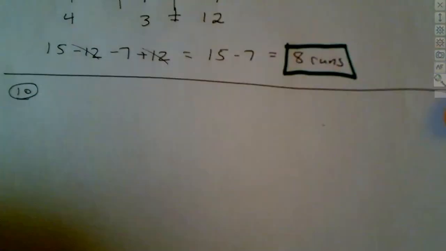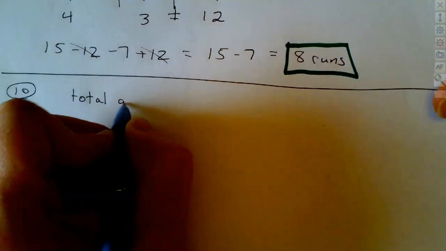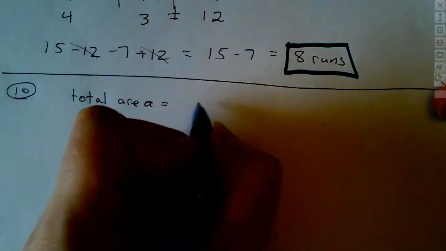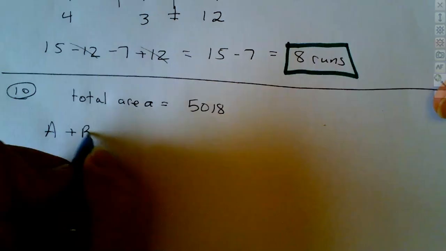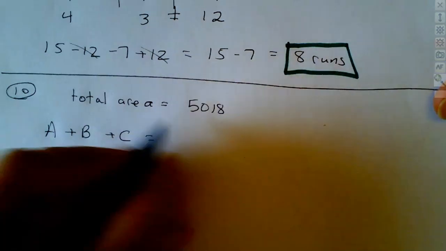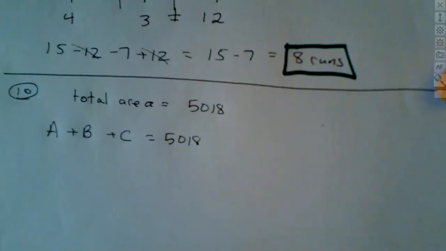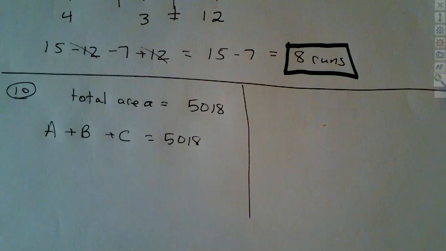So the first thing we look at is our total. And our total in this case, total area, is 5018. So that is A plus B plus C is that 5018 there. Now let's see how they all relate to each other.